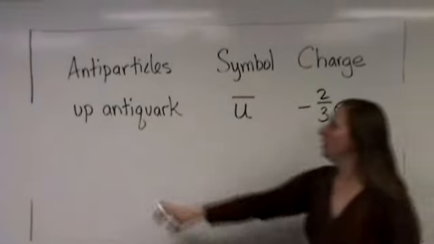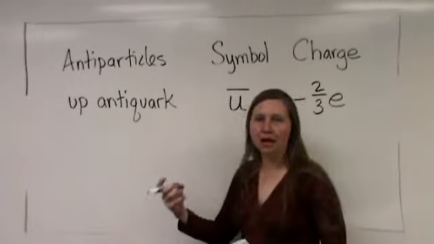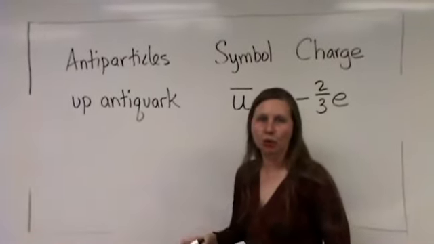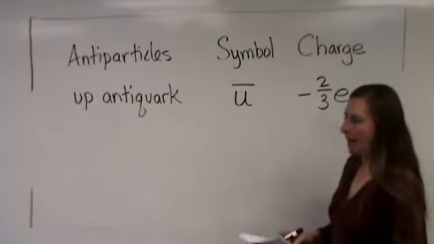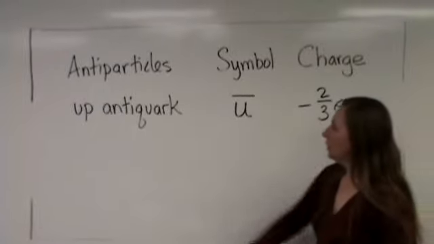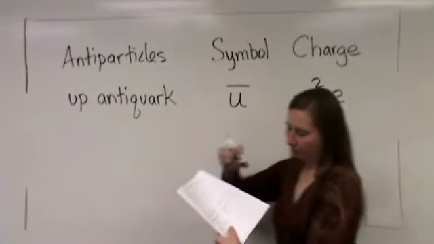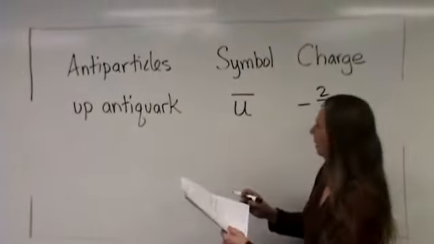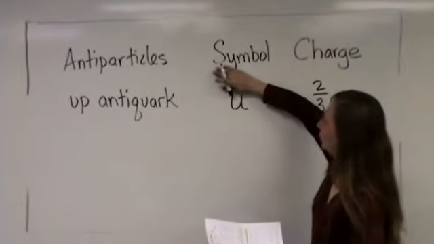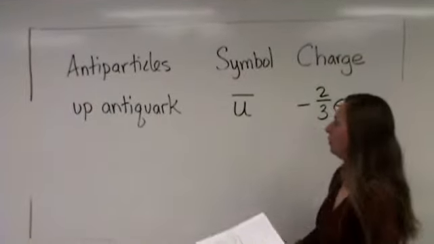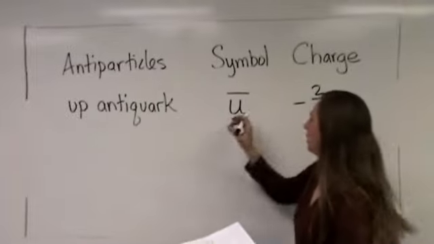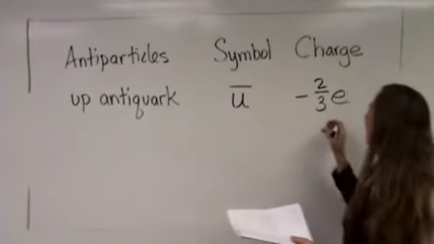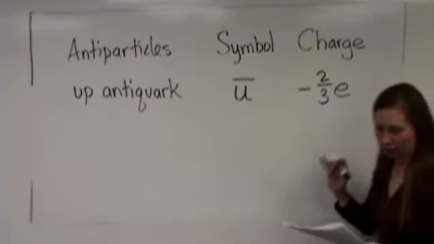The mass of the up quark and the up antiquark is the same. So if an up quark on this chart is U, plain old U, and positive 2/3, the up antiquark is U with a line over it and negative 2/3.